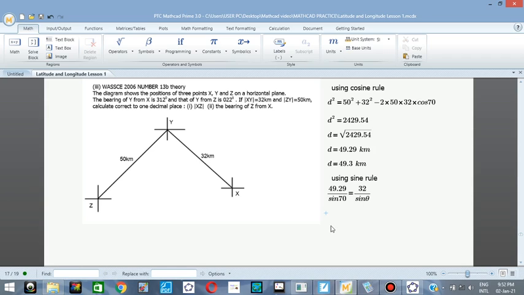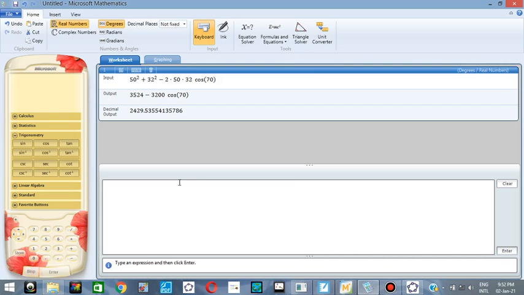So that means sine theta is going to be equal to, when you cross multiply and simplify your equation very well, 32 times sine 70 divided by 49.29. So let me simplify this in my calculator.